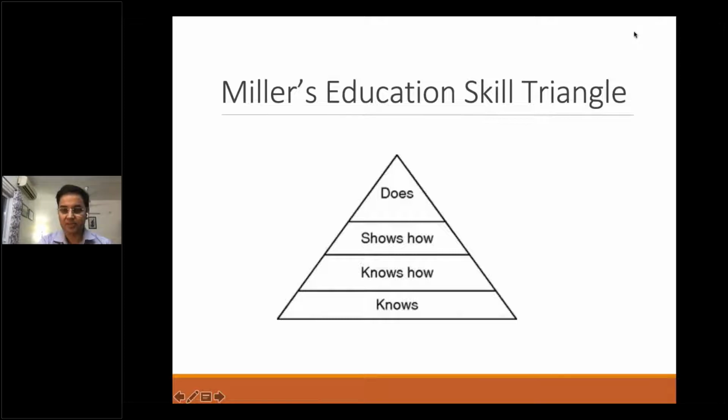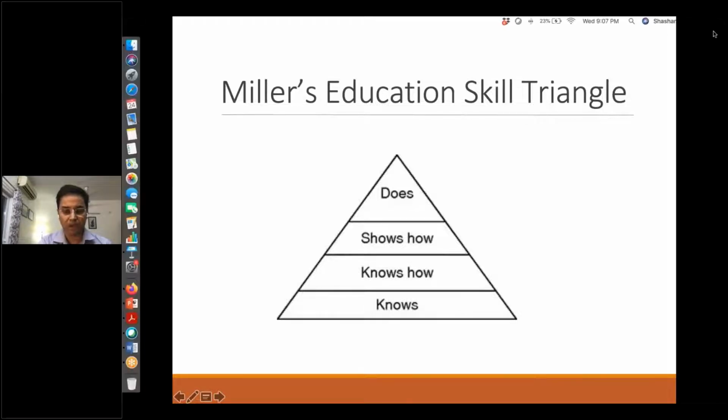Just to emphasize how it is different from Part 2. Part 2 focuses mainly on knowledge and applied knowledge, whereas Part 3 aims to address one of the most important aspects of what is showing on your screen, which is Miller's educational skill triangle.